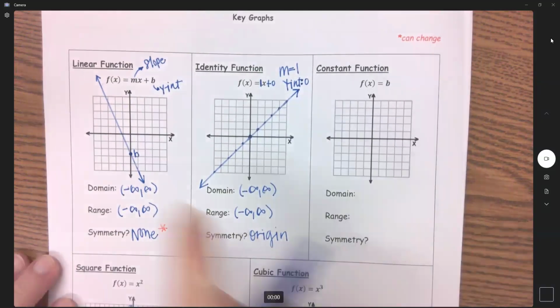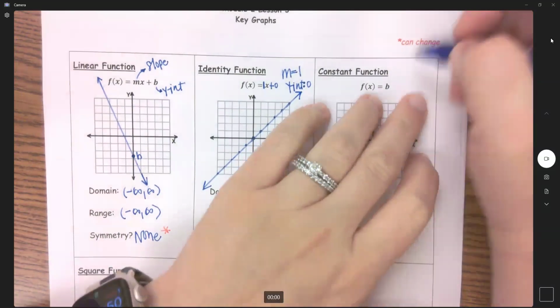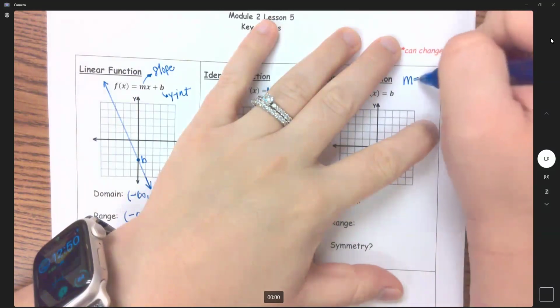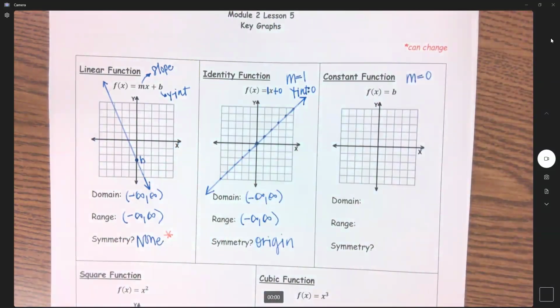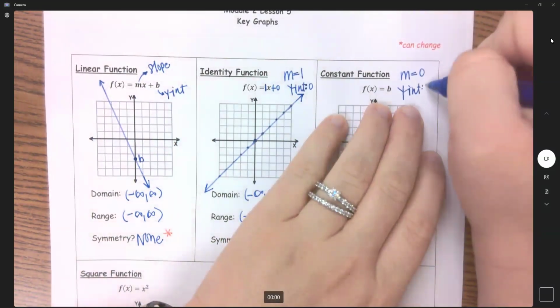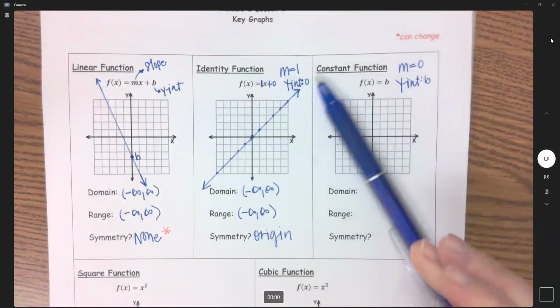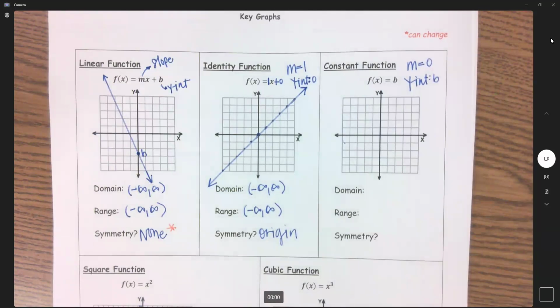Okay, and then another extension of this one is the constant function. So y equals b. So here we have no slope since I don't have an x, and then my y-intercept will be at whatever b is. So if that's y equals 3, then I have a y-intercept right there at 3.